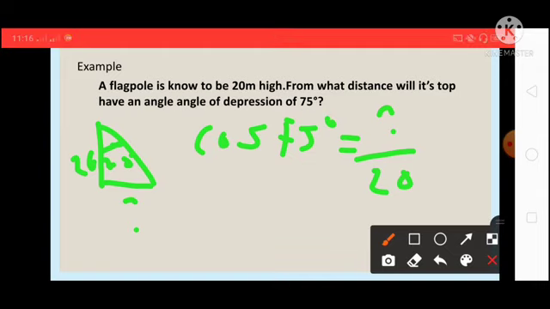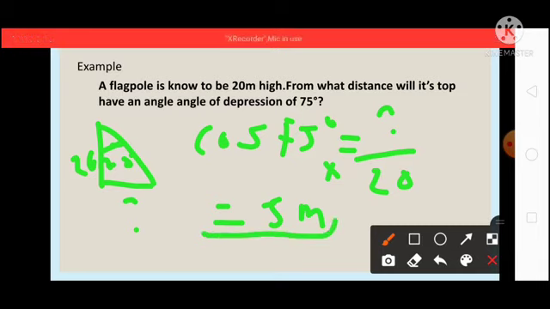So cross multiply, which is 20 times cos 75, is equal to 5 meters. So the distance from the flagpole or tower to the angle of depression is 5 meters.